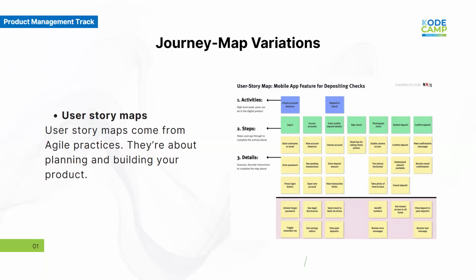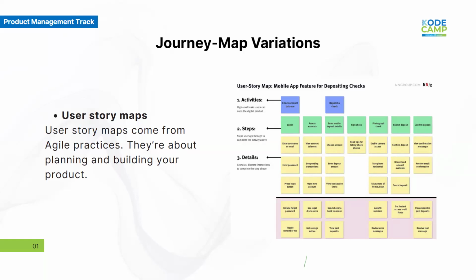So user stories come from agile practices. They're not about discovering or understanding your user's experience. They're about planning and building your products. In a user story map, you take the user's goal and break it down into features or stories that your team can work on and deliver.